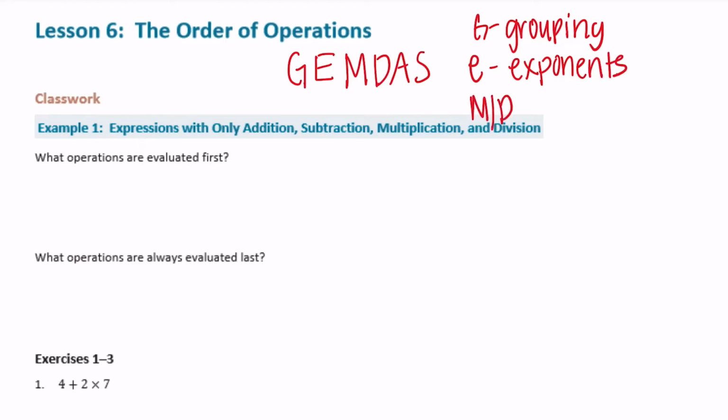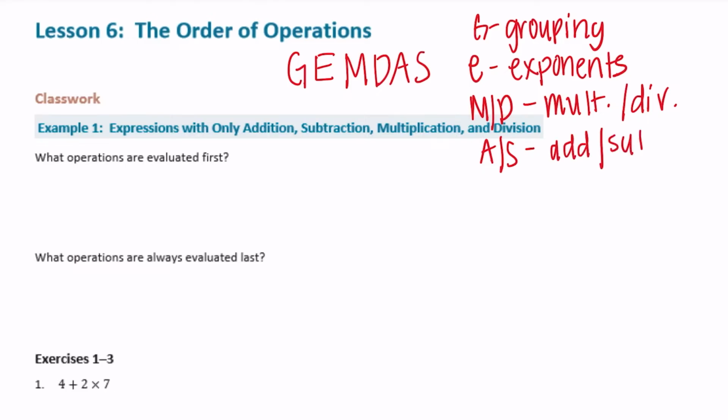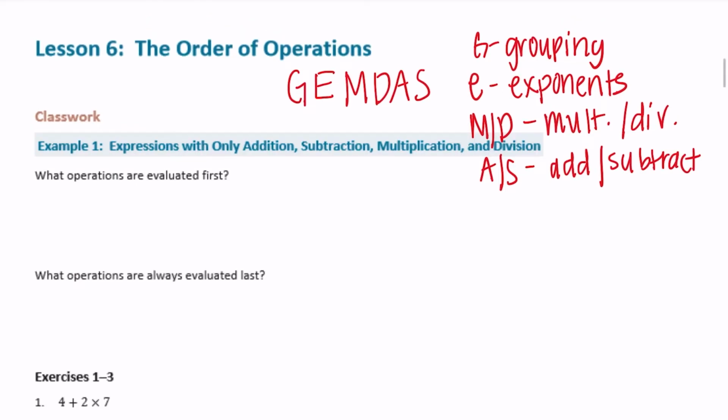M and D stood for multiplication and division. And A and S was add or subtract. So this is the order in which we solve different equations.